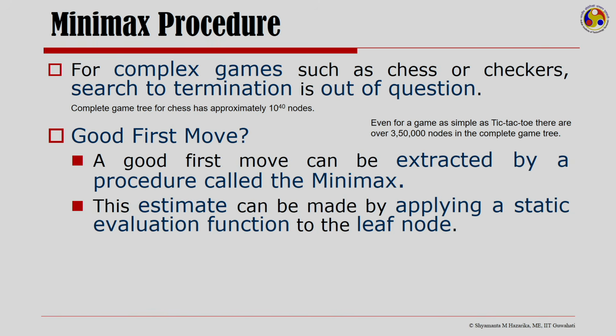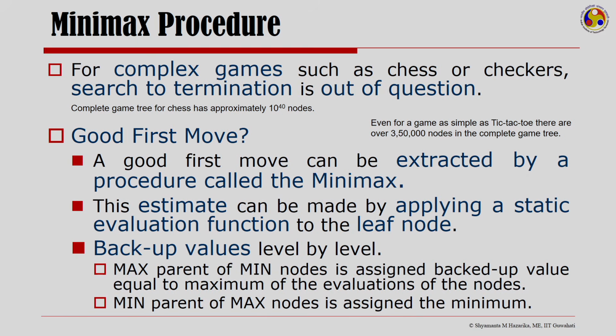This estimate is made by applying a static evaluation function to the leaf nodes, and then the values are backed up level by level. So, we have the max parent of a min node, and that parent is backed up a value equal to the maximum of the evaluations of the nodes.